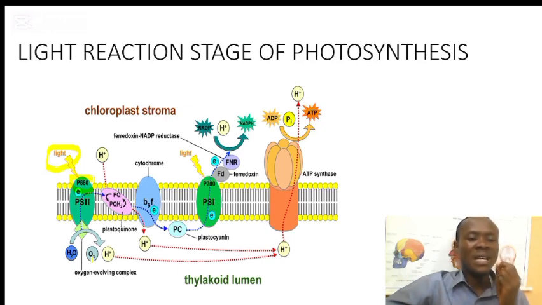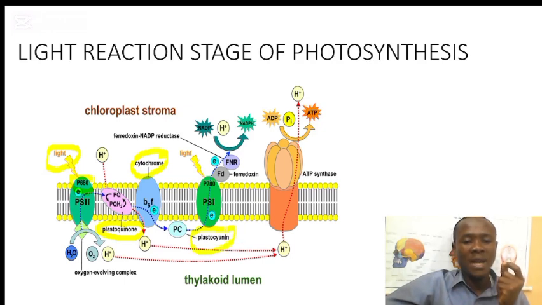Now, these electrons that have been excited as the chlorophyll molecule absorbs light may move along a series of electron transfer chain, like the plastoquinone that we have here, the cytochrome complex that we have on top here, and the plastocyanin that we have here.